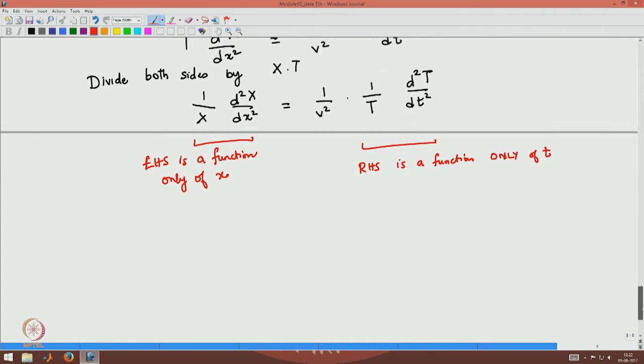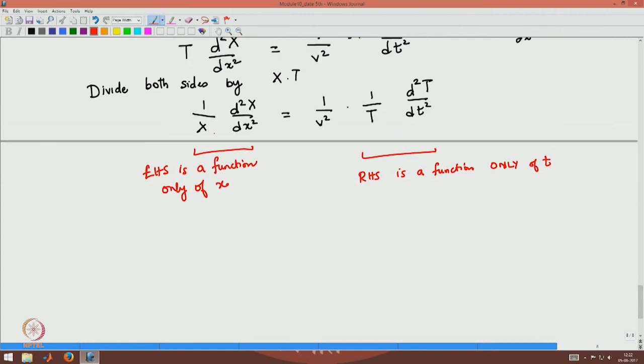So if you have the left hand side being a function only of x and the right hand side being a function only of t, and they are equal to each other, the only way they can be equal is if both LHS and RHS are independent of x and t, or in other words both are a constant.